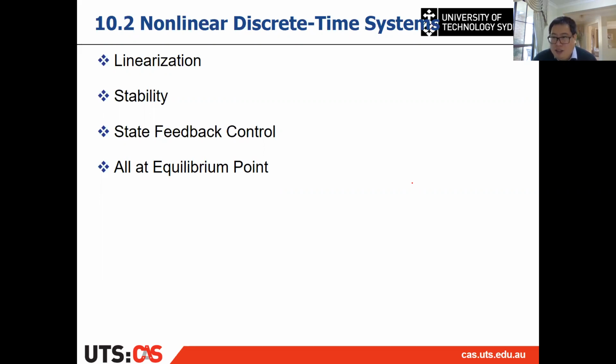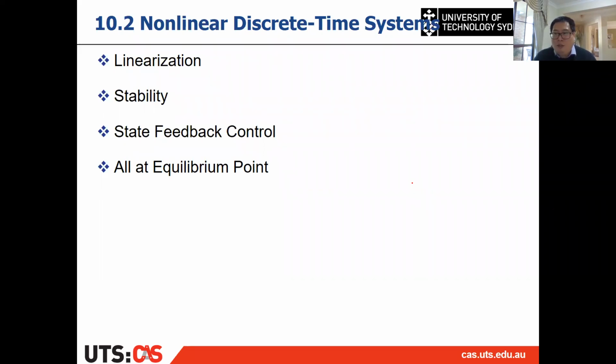The state never changes. But why are we checking the stability? I give an example about the inverted pendulum, right? If the inverted pendulum is at this state, it is an equilibrium point because the state will never change. But if you put a little bit of change on the state, it will directly change.